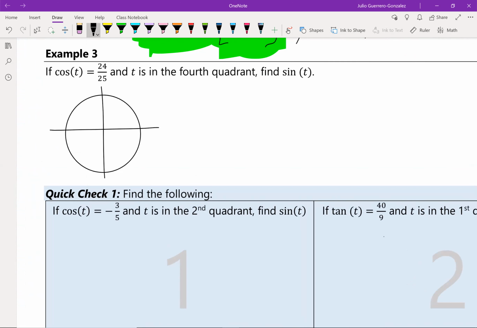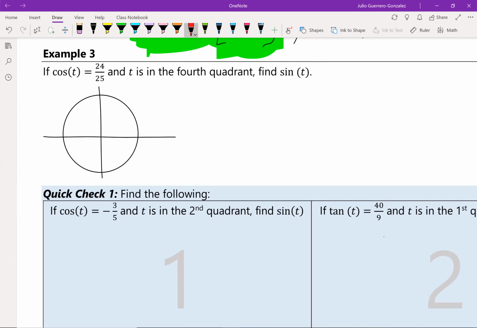Not the best unit circle, but close enough. How about I make it, there we go. Okay, so we want 24 over 25, and it's in the fourth quadrant. So this is 1, 2, 3, 4. So we know that we're over here somewhere.